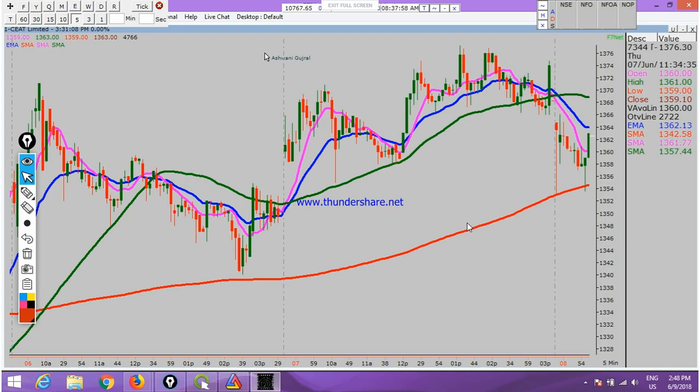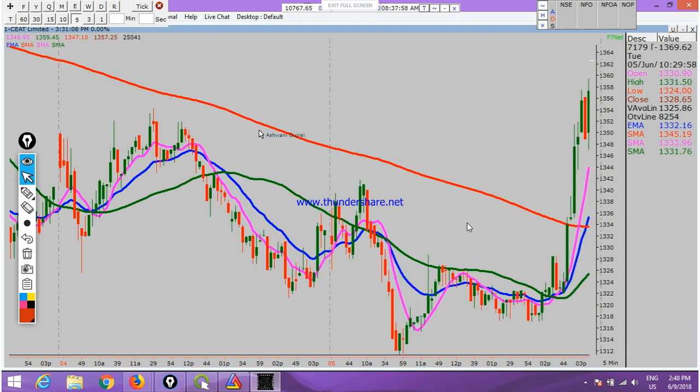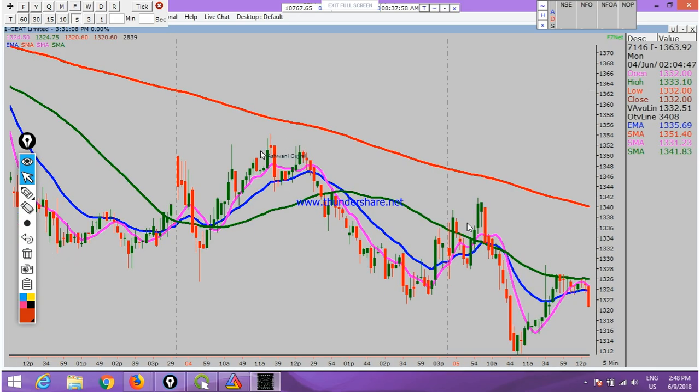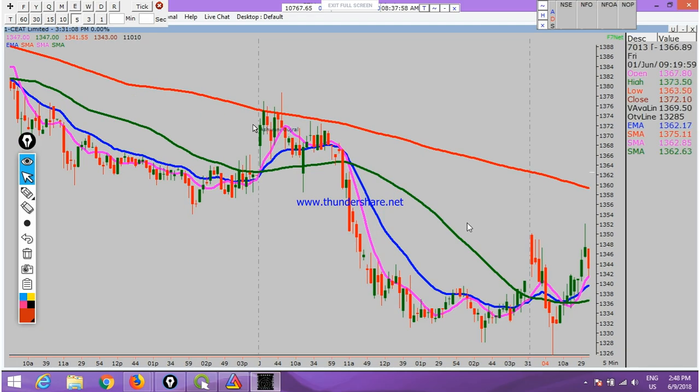See what happened here. CAT is trading below its 200. In the morning it opened up.